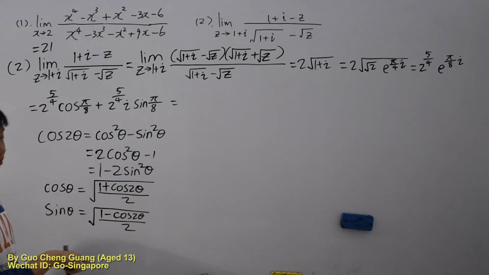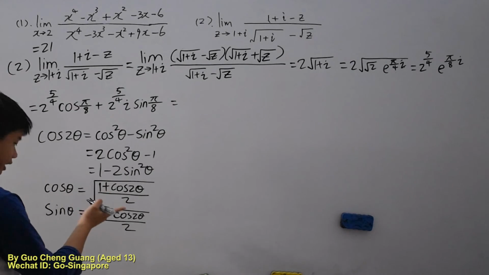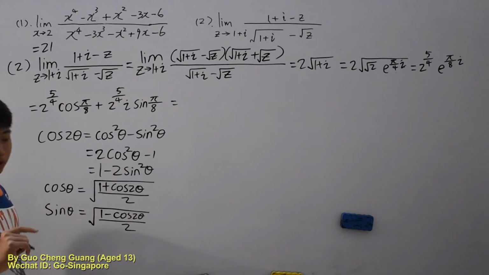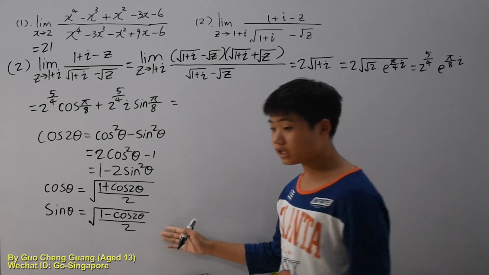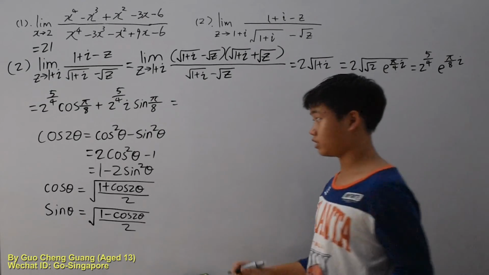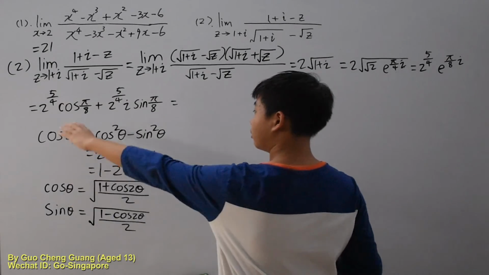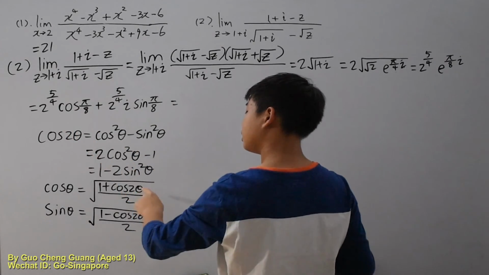In this form, you can actually remember it easier. For cosine, it's plus. For sine, it's minus. So if you're in a test and it doesn't require the steps, then you can directly use this formula faster. Alright?